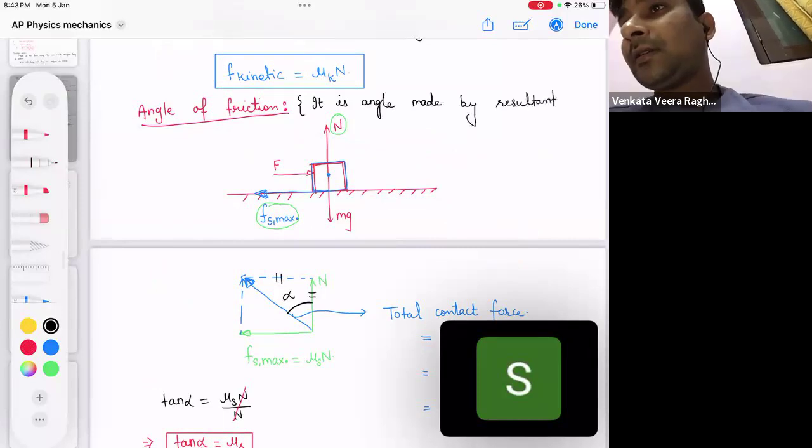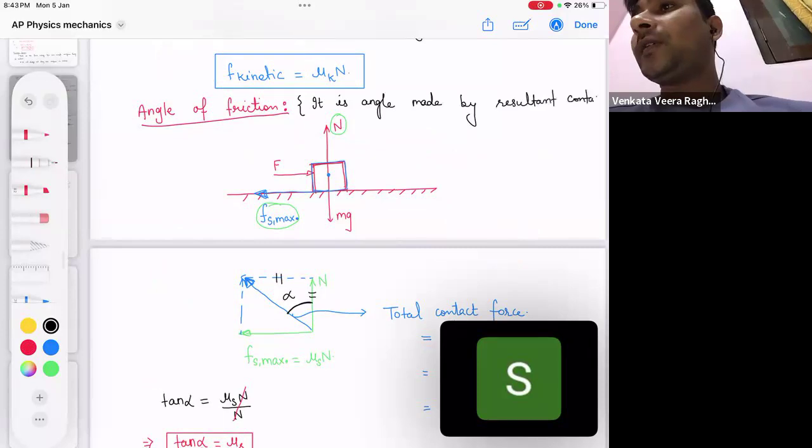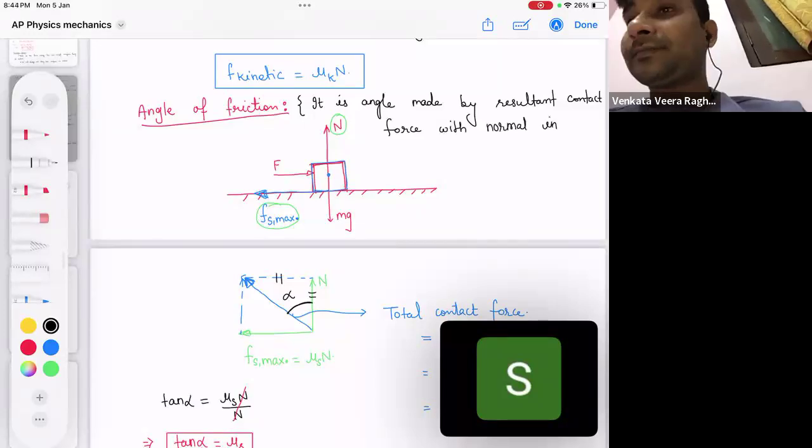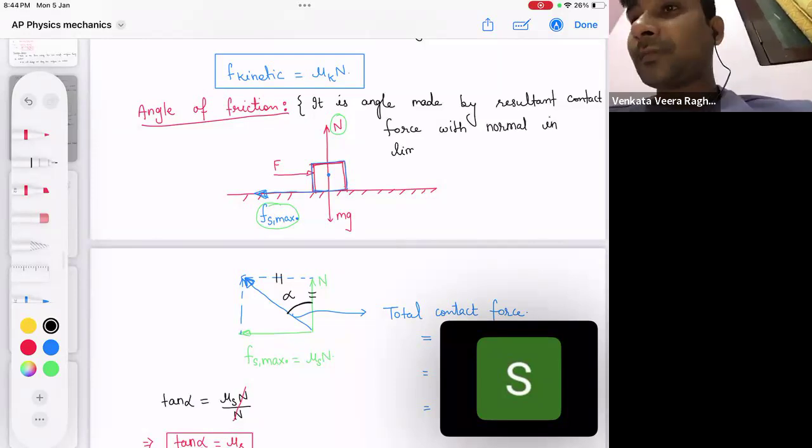resultant or total contact force with normal. In which case? In the limiting case. Understood?